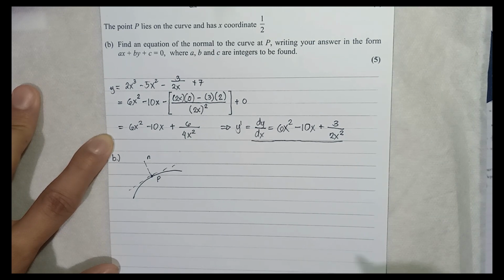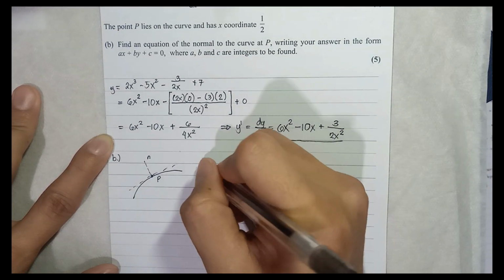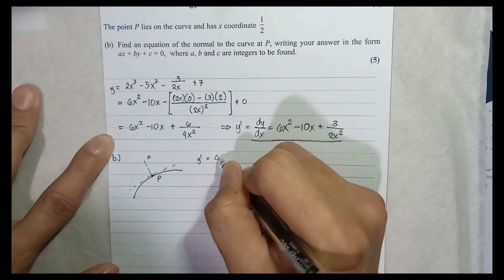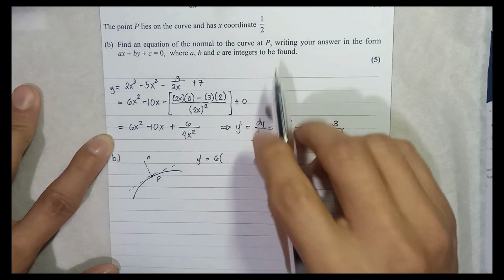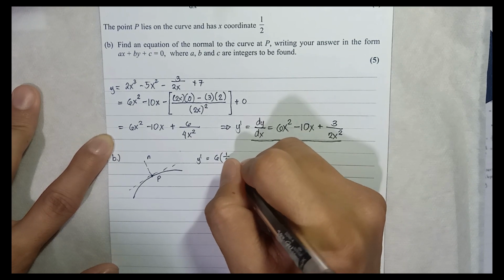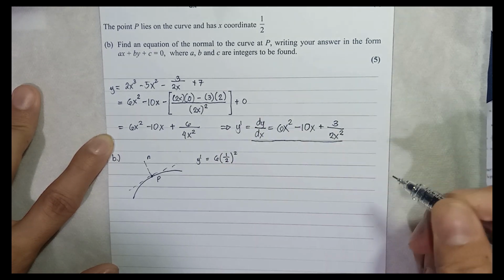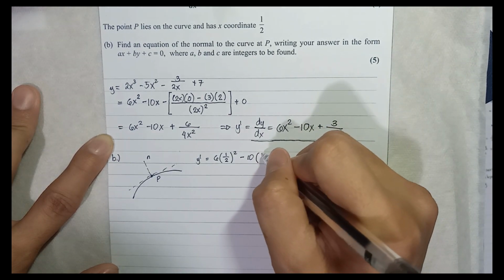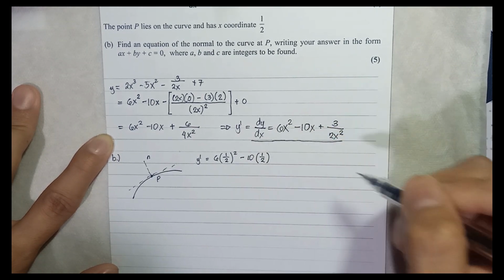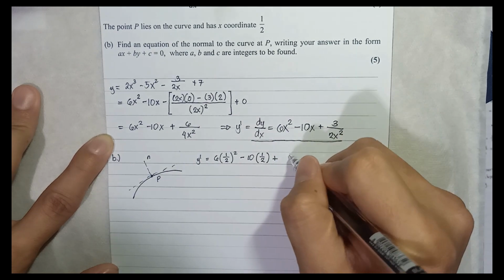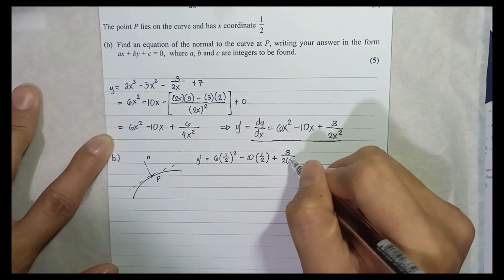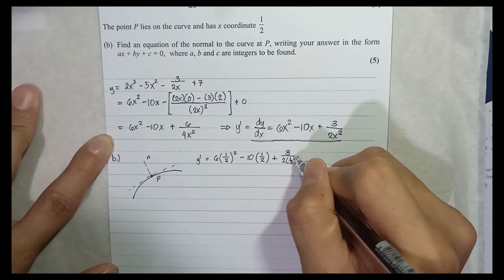That will give us y prime is equal to 6 times, x will be replaced with 1/2, quantity squared, minus 10, then x again replaced by 1/2, plus 3 over 2 times 1/2 squared.